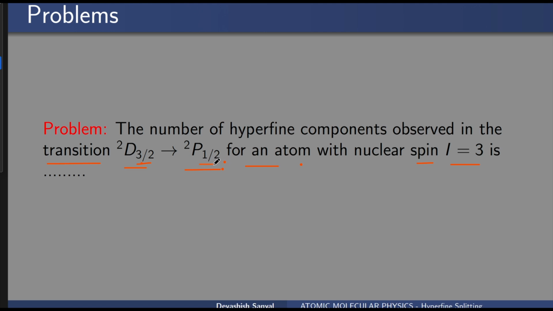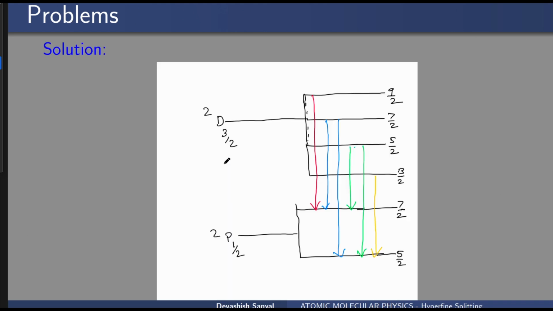The stylus is giving problems, so I'm sorry for that. Here this spectroscopic term will be divided into 4 levels, because I is equal to 3, so from 3 minus 3 by 2, which is 3 by 2, to 3 plus 3 by 2, which is 9 by 2.